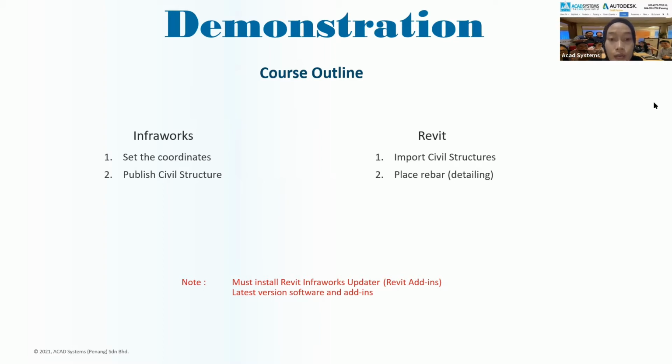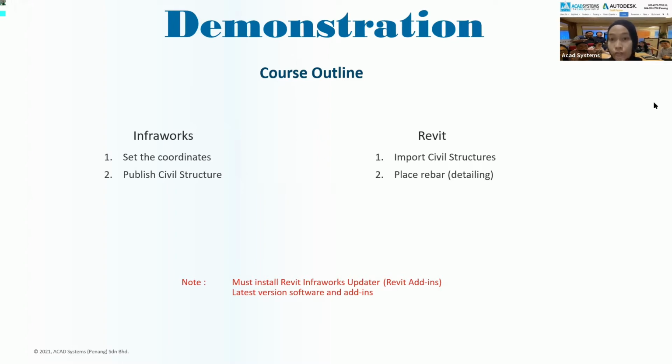All right, to export the InfraWorks file into Revit there are some important notes that you need to make sure of. Basically, you must install the latest version of the software. We are going to use InfraWorks and Revit, and both must be in the latest version, or the same version.